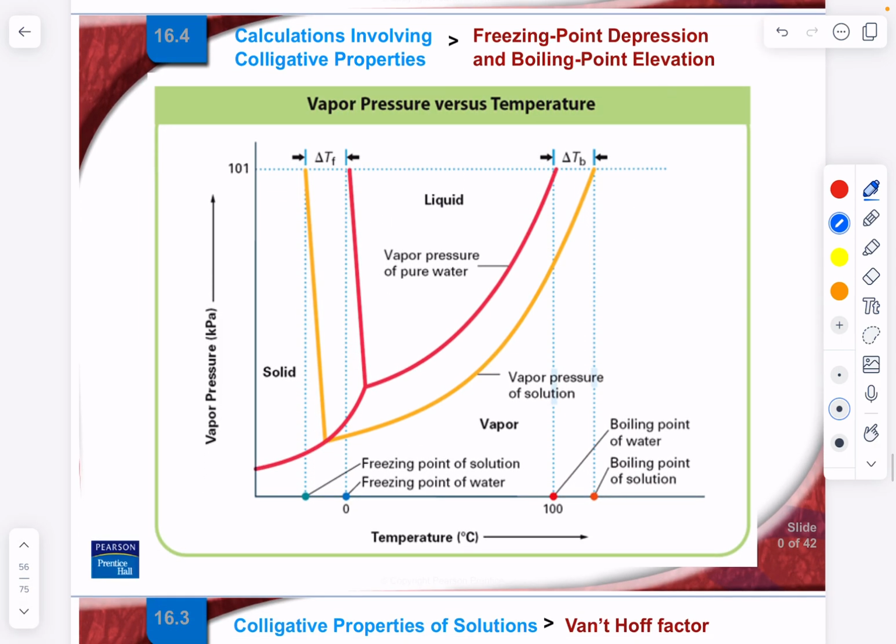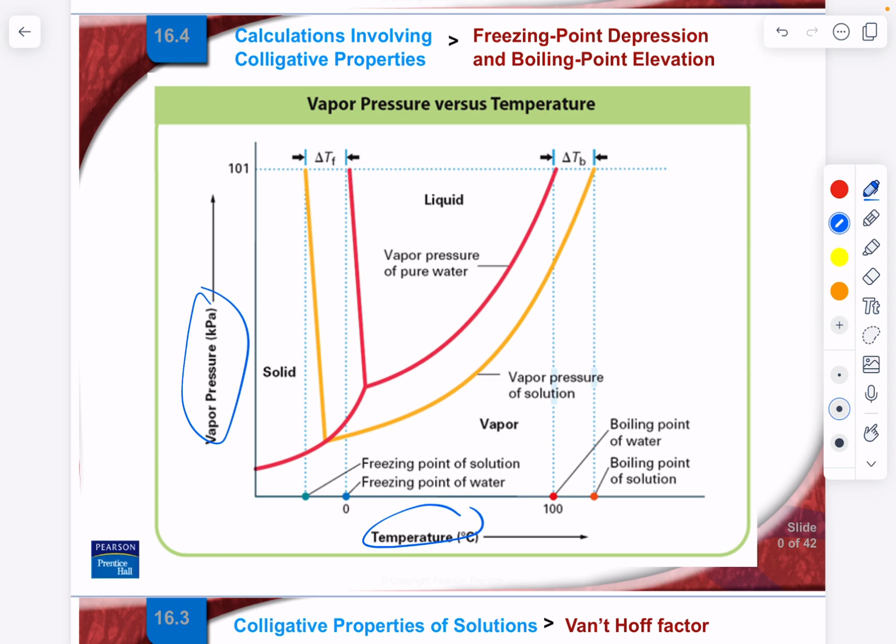If we were to graph the freezing points and boiling points, we have temperature along the x-axis, we have vapor pressure. Now we're talking about vapor pressures, but we could have a similar kind of graph if we were talking about freezing points and boiling points as well. And you'll notice that in red, you have pure water.